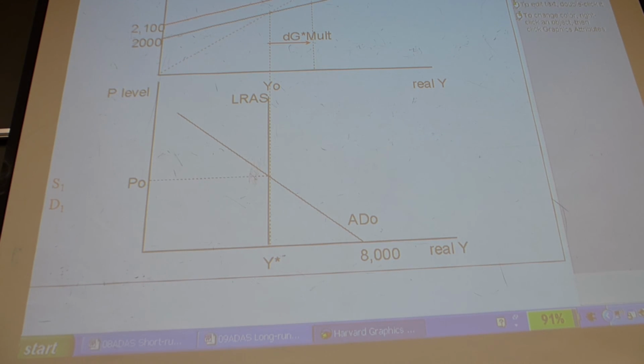But what we really want to get out of this is this. At that equilibrium, that first price, that one right there, we need to shift aggregate demand horizontally by that amount. So we need this shift like that.